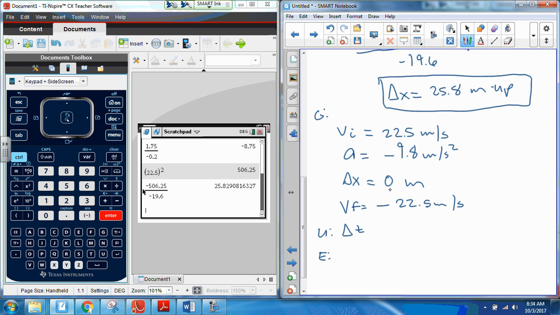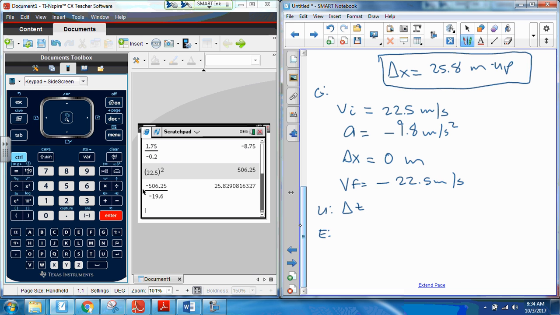If I didn't know that V final was negative 22.5, I'd have to use equation 2. If I was using equation 2, I'd have to solve a quadratic equation. We would get the same exact answer, but it's a little bit harder from the algebra standpoint. So the equation we're going to use is equation 1, which is V final equals V initial plus A delta t.